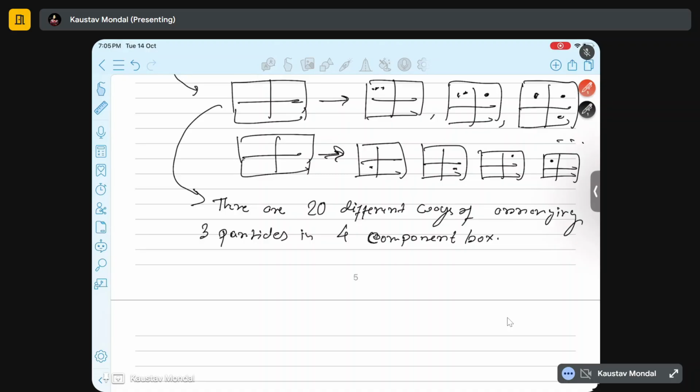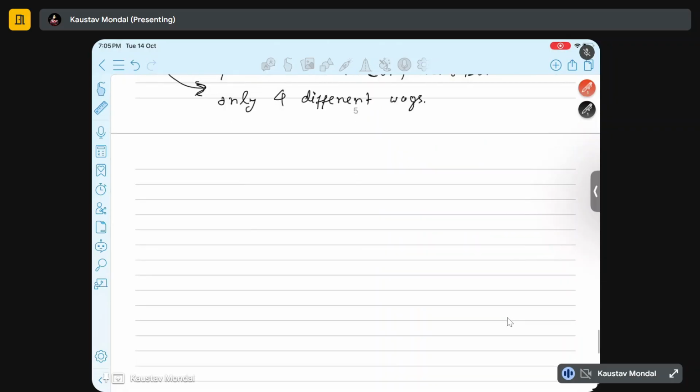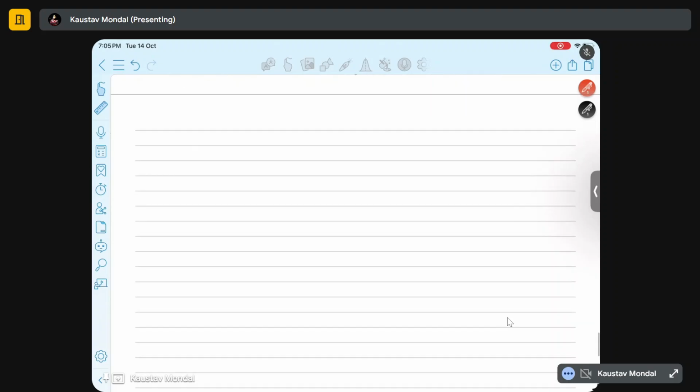In contrast, for the second one, only four defined ways are possible. So for a bosonic system, in general, the number of ways is W1 times W2, 20 into 4, which is 80.